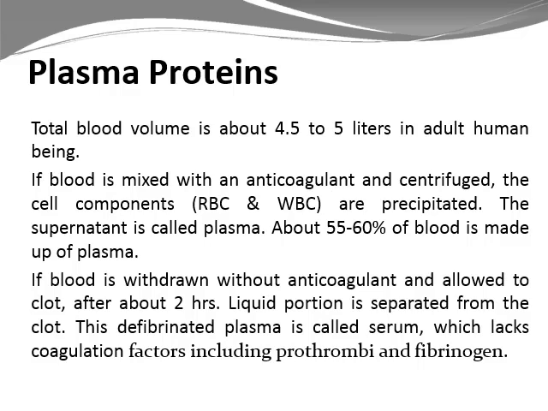The majority of the blood is made up of plasma, around 60%. The remaining 40% is made up of the blood cells that we have. Now, if you withdraw blood without anticoagulant and allow it to clot on its own, after about 2 hours you'll get a liquid portion, which is known as serum.